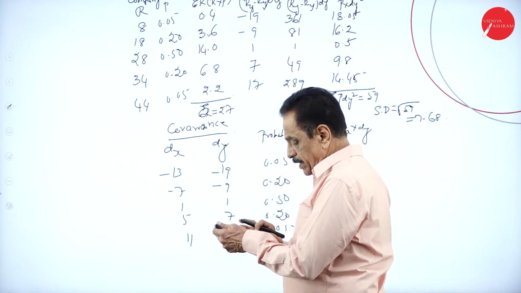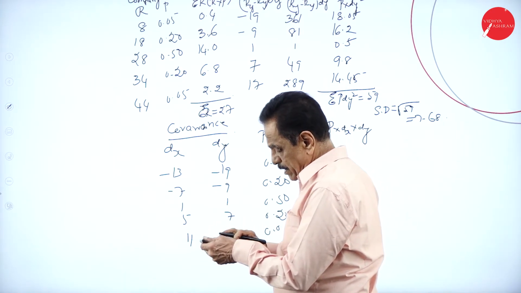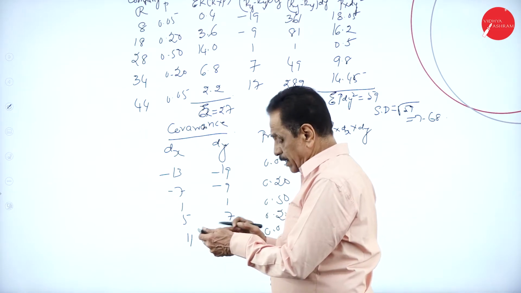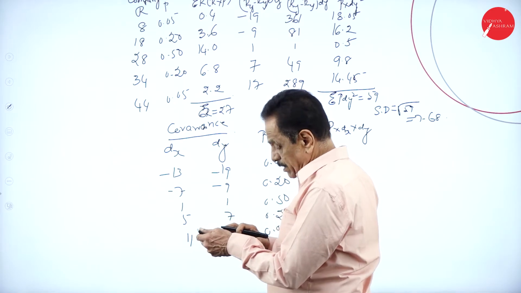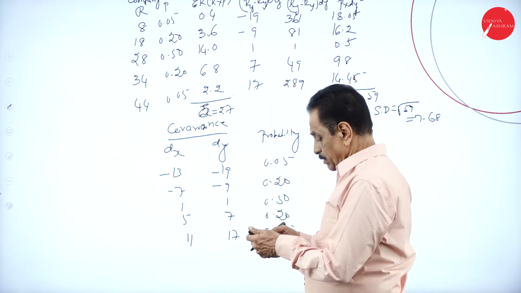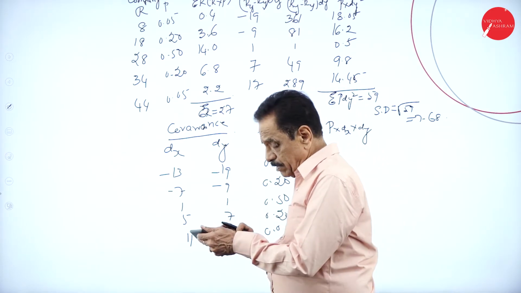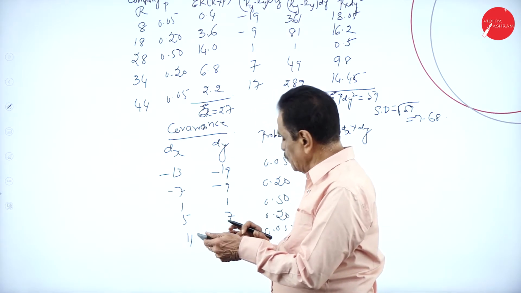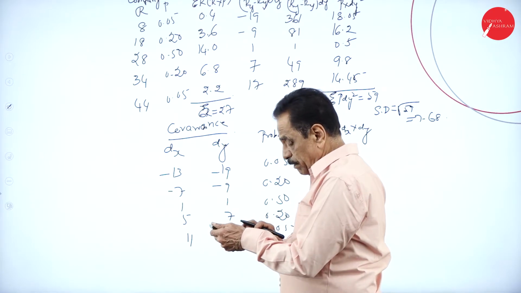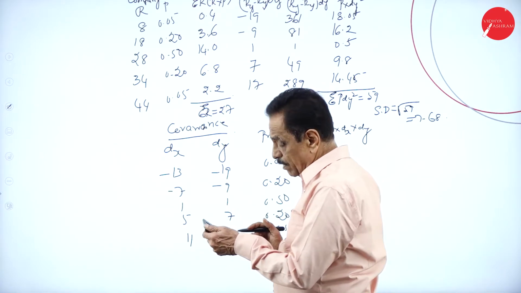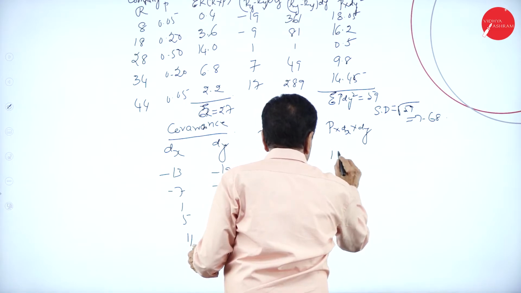So 13 into 30, minus 13 into minus 19, so minus into minus is plus, 13 into 19 into 0.05, that is 12.35.